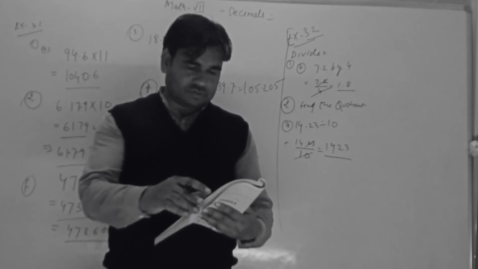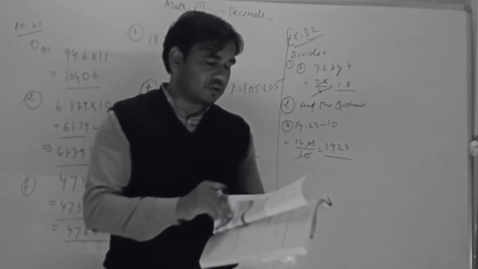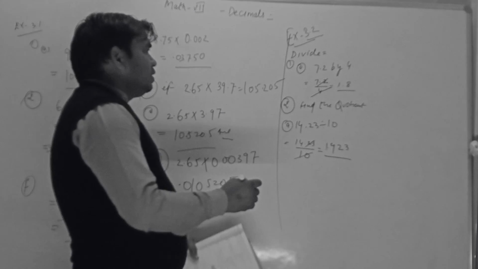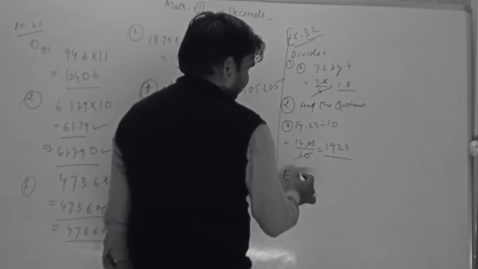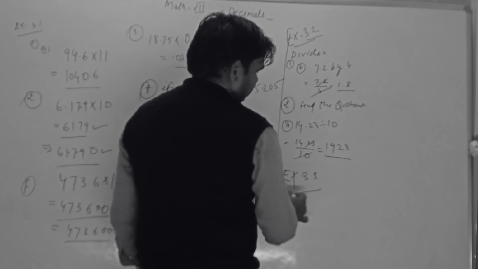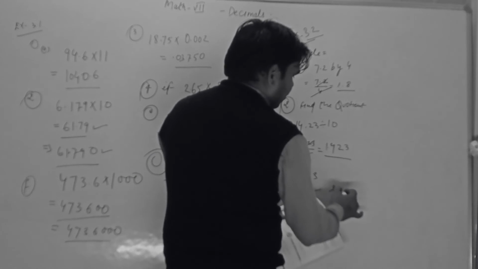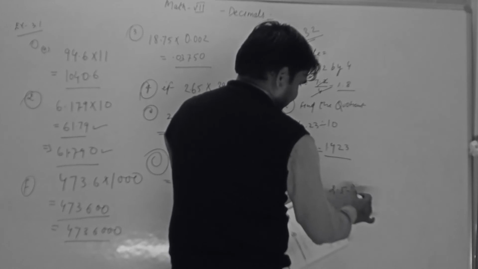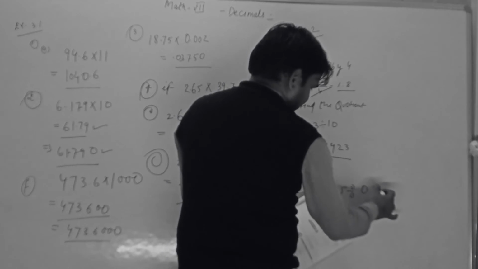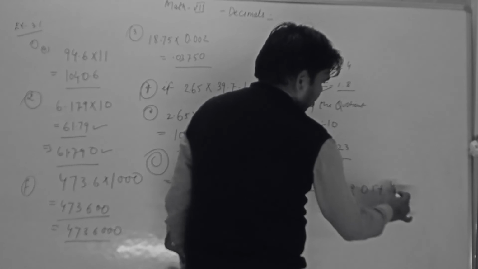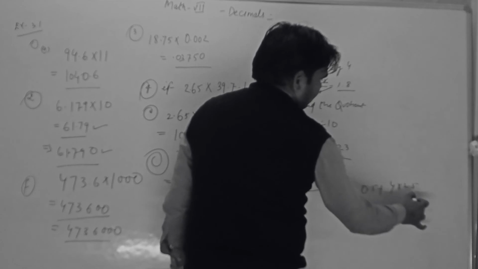And after that, students, you see exercise 3.3. So in exercise 3.3, you have to simplify. 2.5 divided by 0.5 plus 4 multiplied by 2.5.